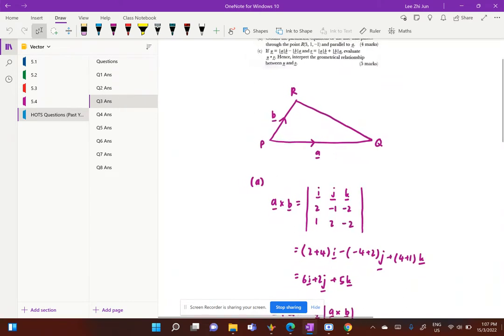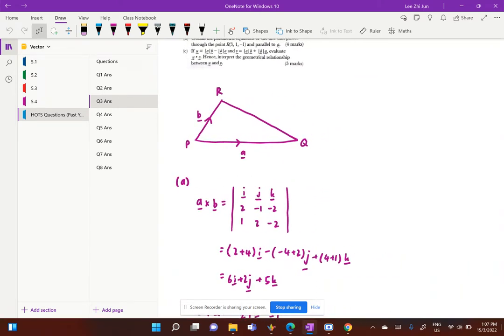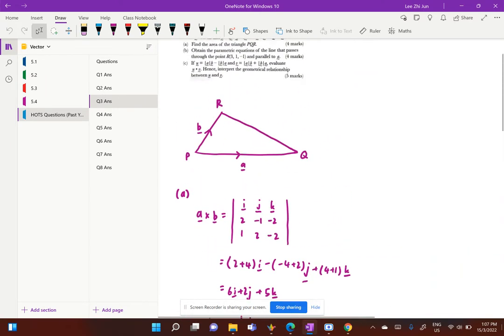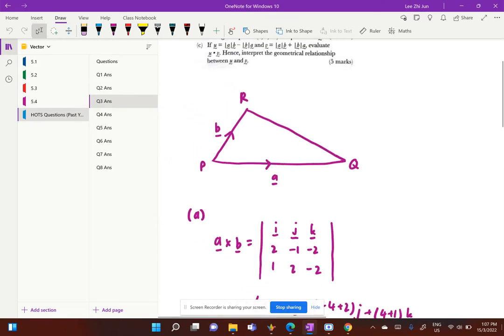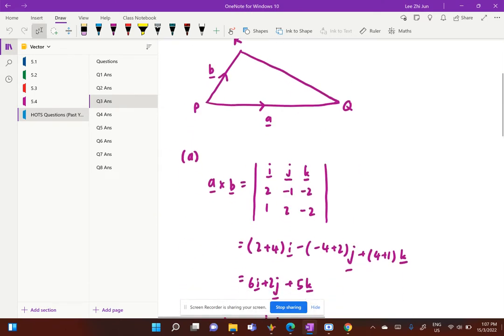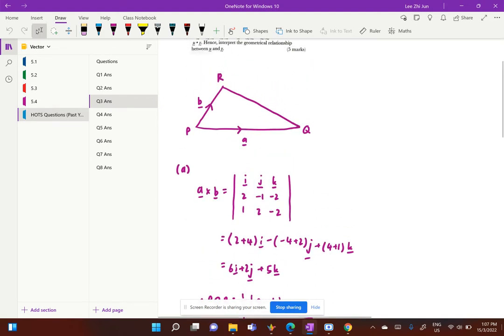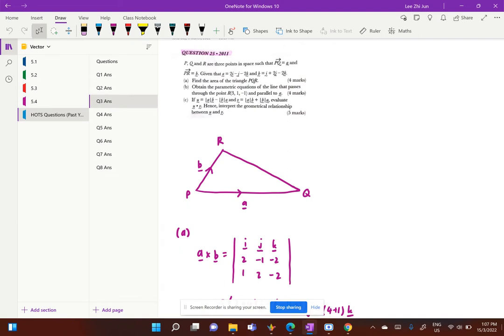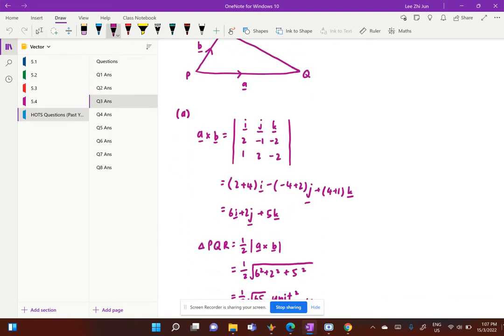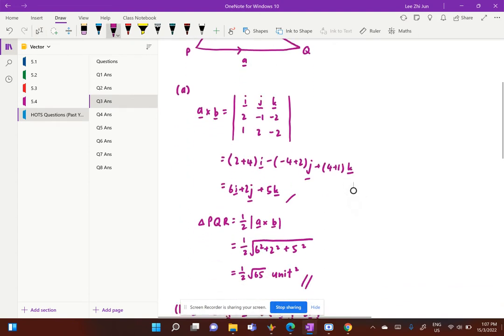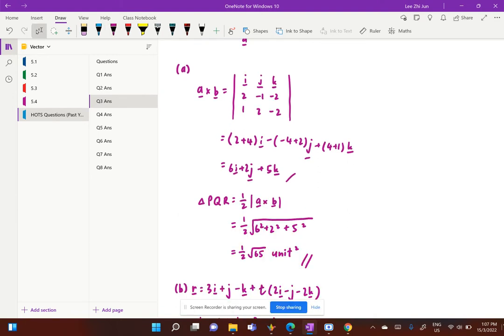So I need to find the cross product between A and B first, in order to find the area. So the cross product of A and B is 6i plus 2j plus 5k, and the area of PQR is 1 over 2 times the magnitude. So 1 over 2 root 65.